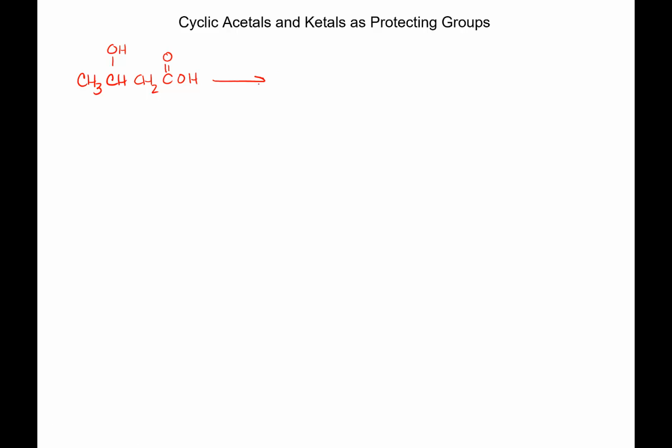So let's say we talked in the past about protecting this OH so it would not undergo any kind of reaction. What we could do is react it with trimethylsilyl chloride. I believe that was exam 1. We could protect the alcohol so that it would not react in whatever I wanted to do with the carboxylic acid here.